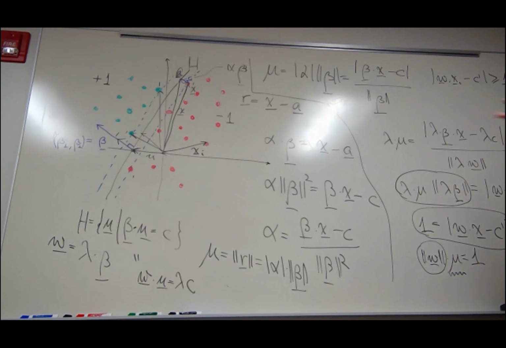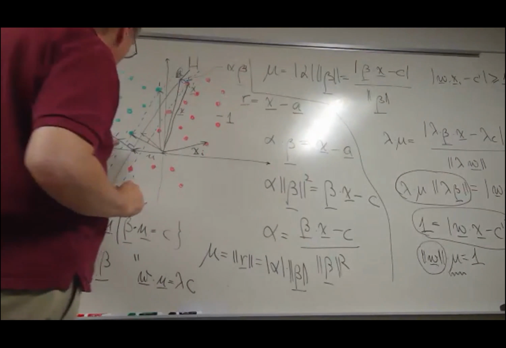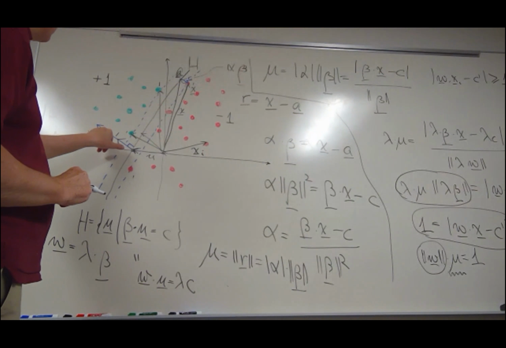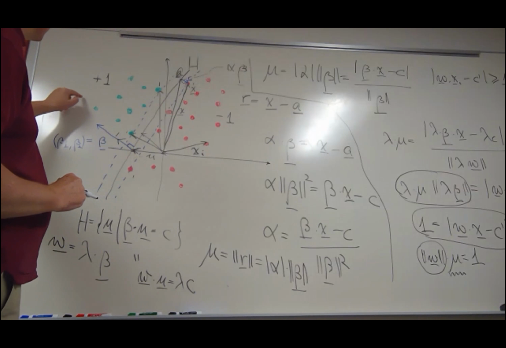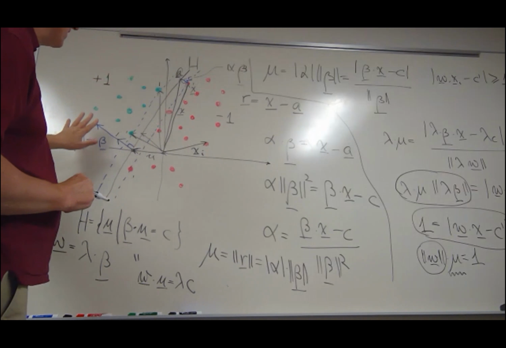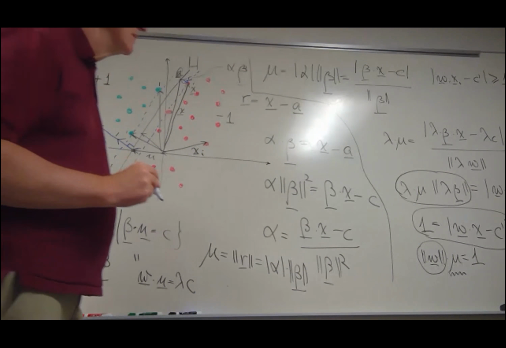And again, by choosing the direction of w the right way such that it points in the plus direction, if these are the ones labeled +1, these are the points labeled -1.